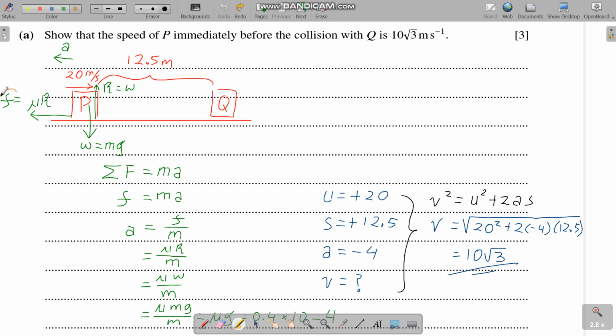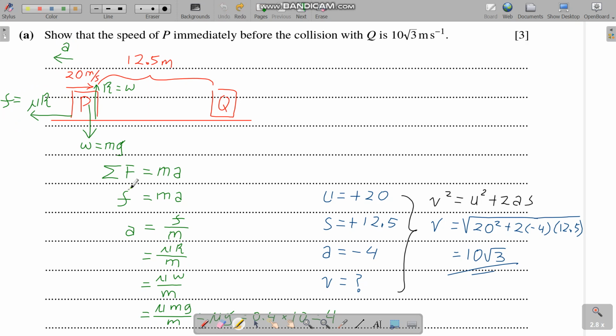Now the friction force is mu times R, and R is this mg. For sigma F in the horizontal direction, we only have one force to analyze: the friction force to the left. So the acceleration is to the left because it's decelerating the motion.